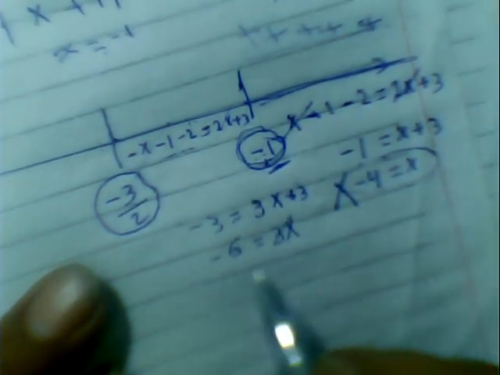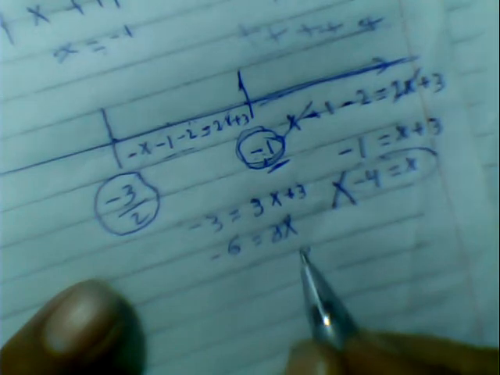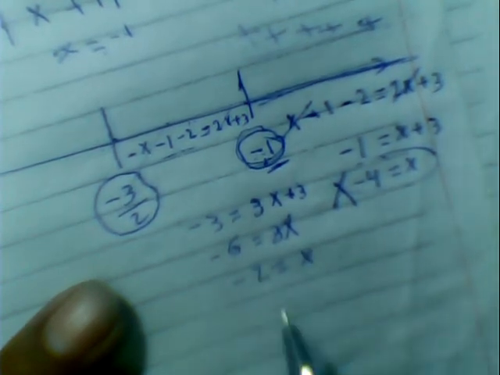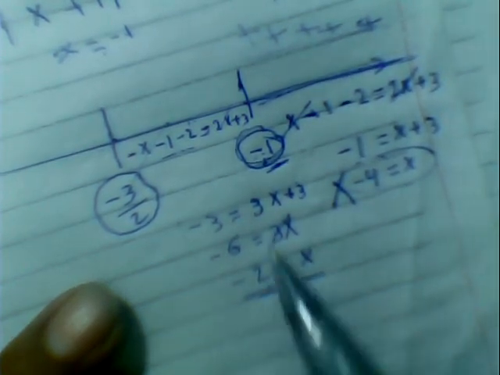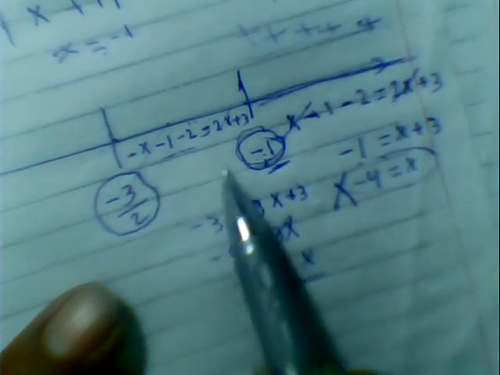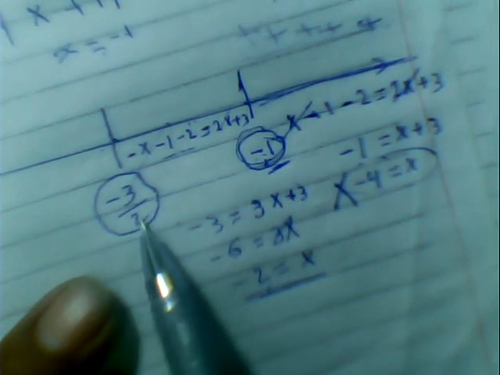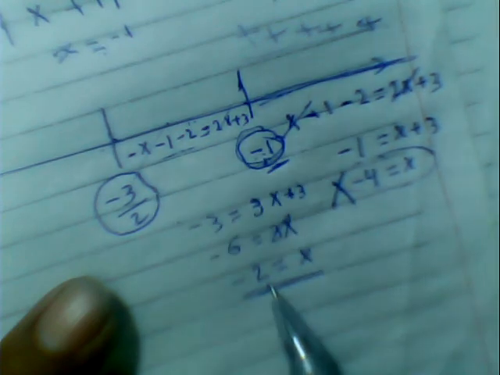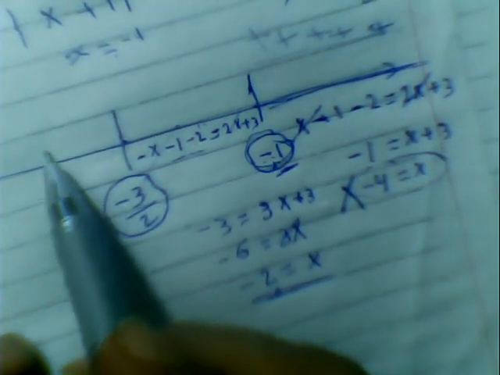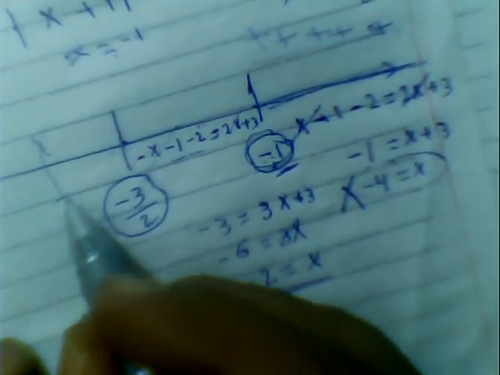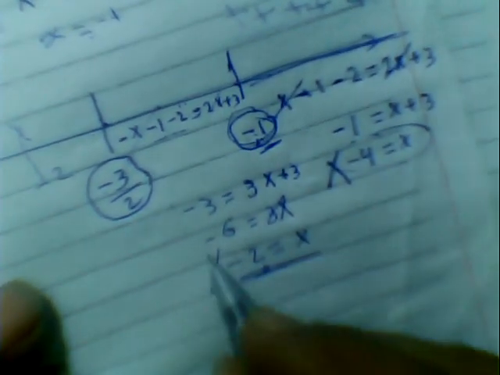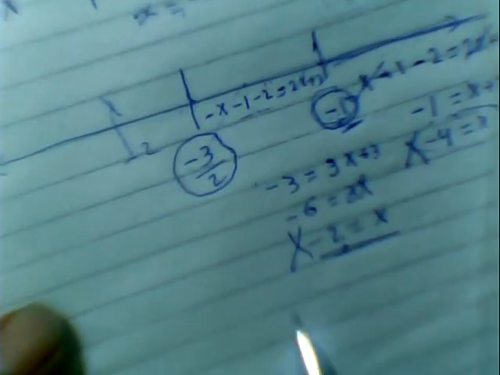Dividing by 3, x equal minus 2. Is minus 2 an element of the interval between minus 3 over 2 and minus 1? No, because minus 2 is here, minus 2 is here.